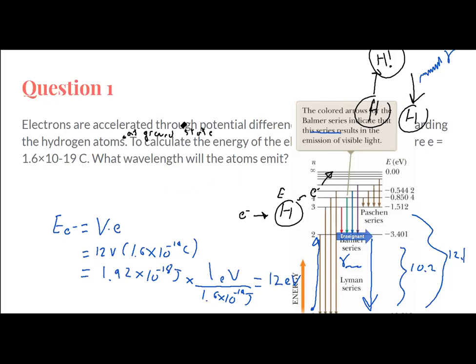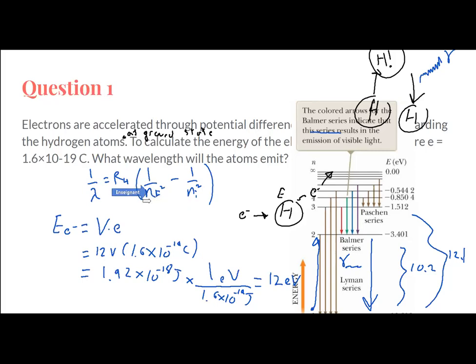So to find out the wavelength that gets produced, you can use the formula with the Rydberg constant, where NF and NI are the levels you're transitioning from and to.